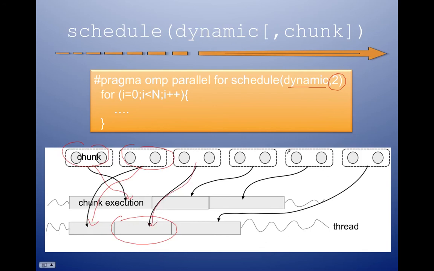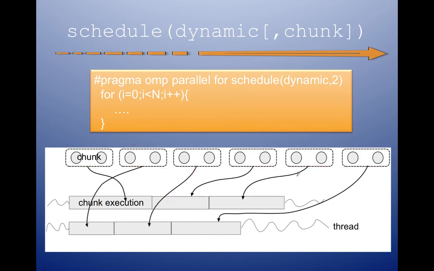So you try to take into account the fact that computing a chunk of iterations doesn't always take the same time. So you adapt the scheduling in order to try to get some load balancing in the end. But for the dynamic scheduling, the chunk size is always the same.